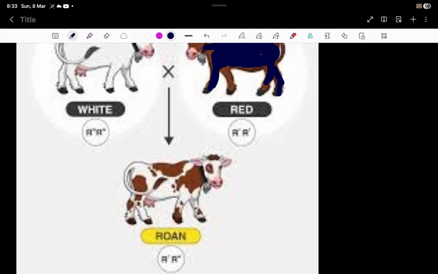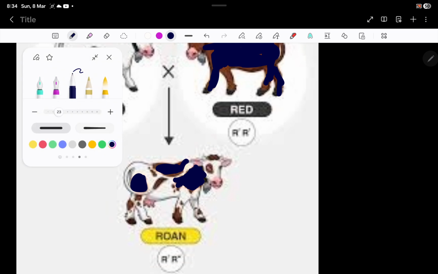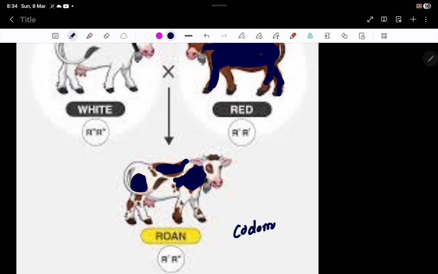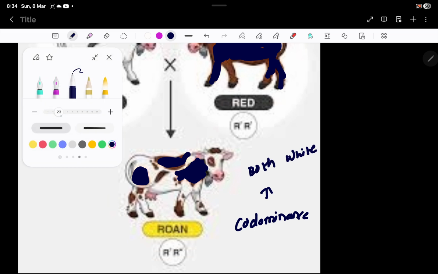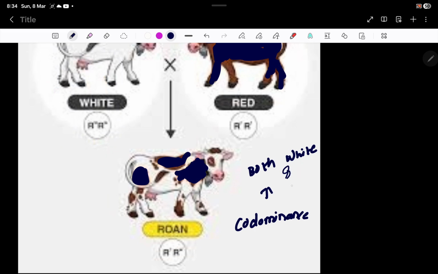We will be getting a phenotype of cow which will have spots of black on white. Clear? Spots of black. So this is codominance, where both white and black are present.